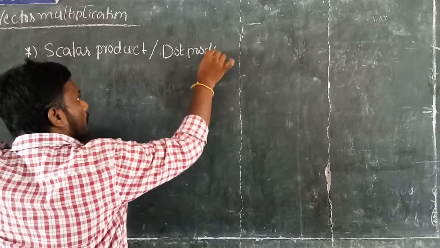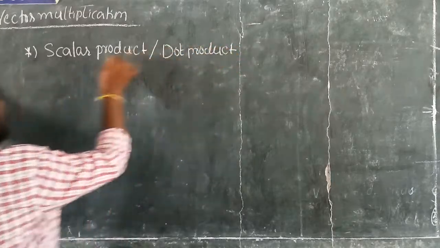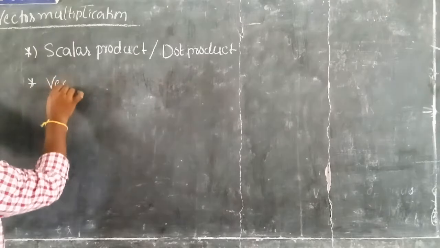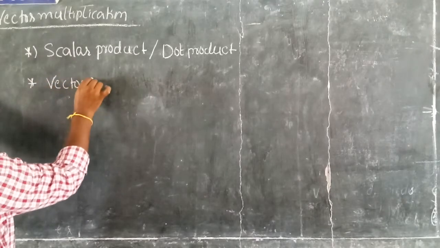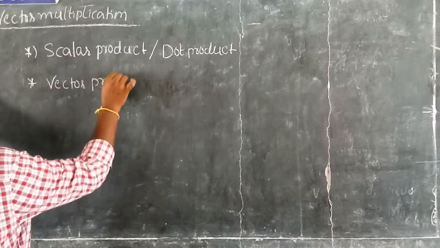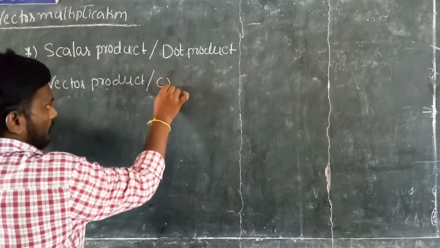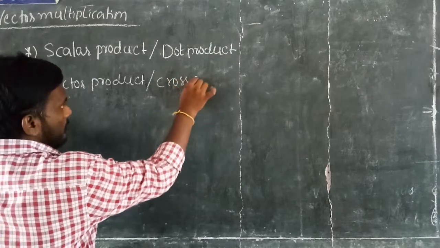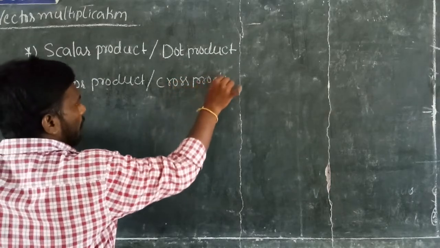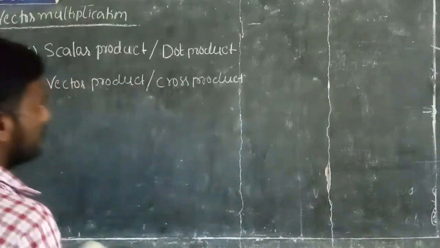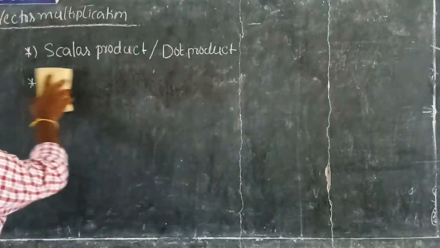Next we have the vector product, which is also called the cross product. First we will discuss the dot product, or scalar product.